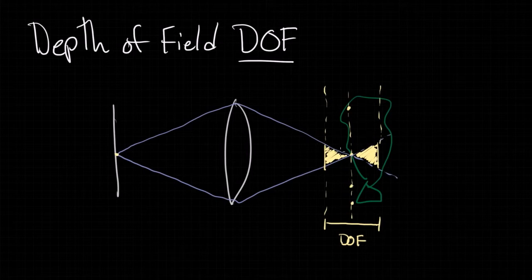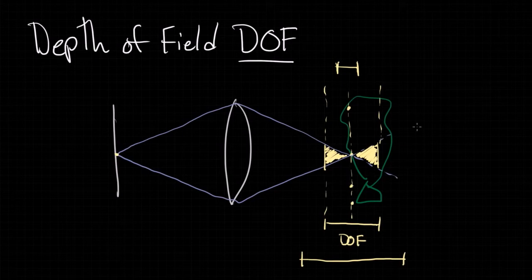Now we want to know, how can we control that? Well, if we want a wider depth of field, we need to make sure that this light is not spreading out too fast. If we want a shallower depth of field, we want to make sure the light spreads out fast enough so that by this point it's now too spread out, or by this point it's now too spread out for us to consider it in focus.